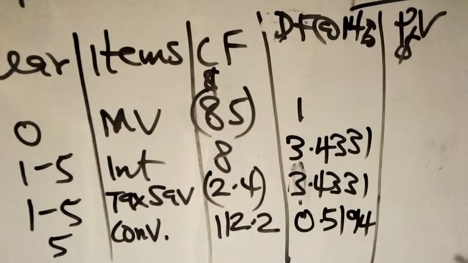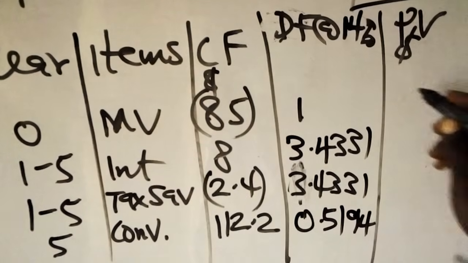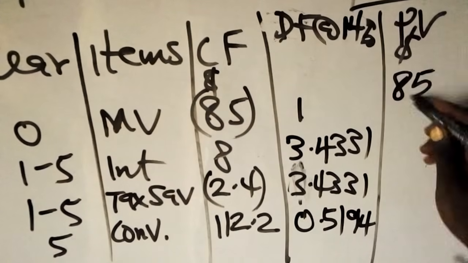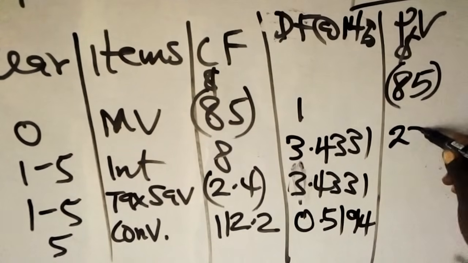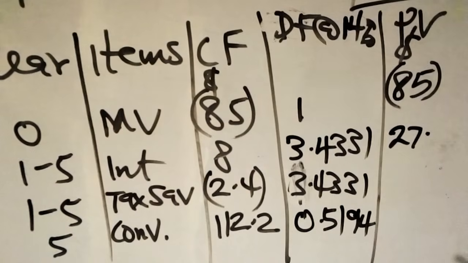What will be the present value? Our present value, this will be $85 negative. Then 8 times 3.4331. That gives us 27.4648.